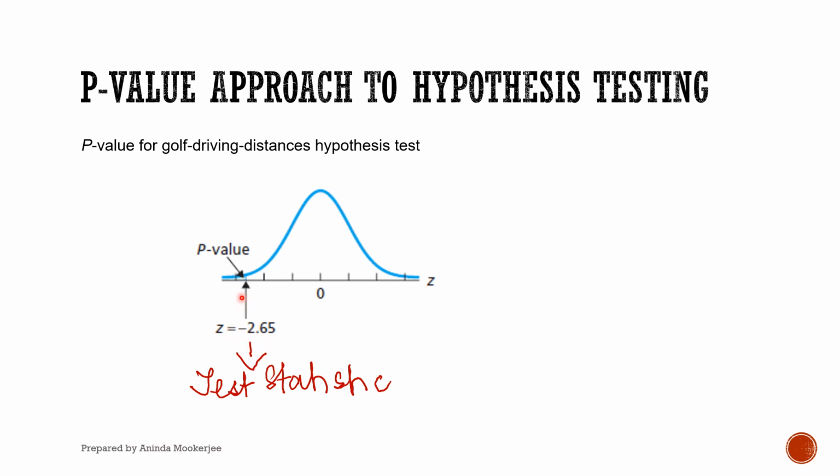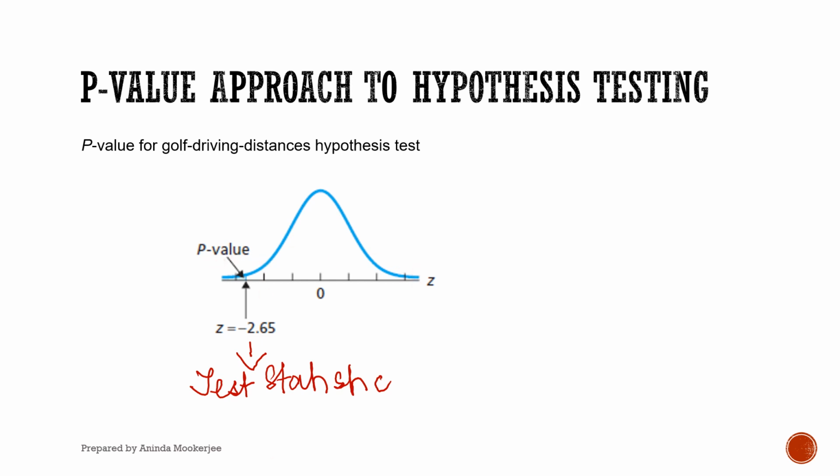If it is a left tail test, then we look for the area to the left of that particular z value. If it is a right tail test, if this was a positive 2.65, then it would be located on the right-hand side of the curve, and we would be interested in the area to the right of 2.65, which would be the p-value.